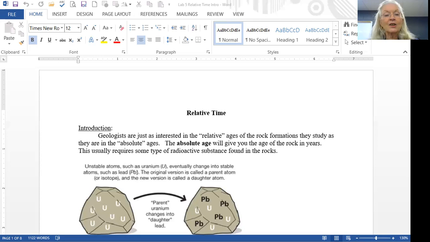If we list all of those, we have 6 events: the top unconformity, the limestone, the shale, the unconformity in the middle of the layers, the arkose, and the conglomerate. And then we number them. 1 is always on the bottom and the biggest number is on top. So we go 1 through 6 for this particular cross section.